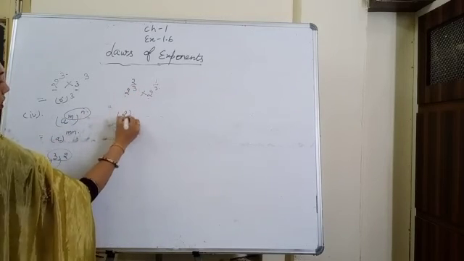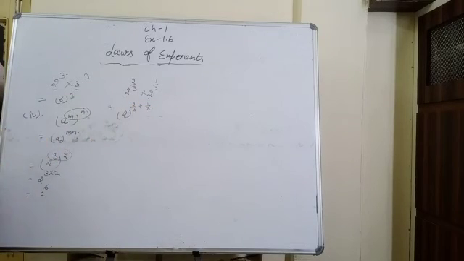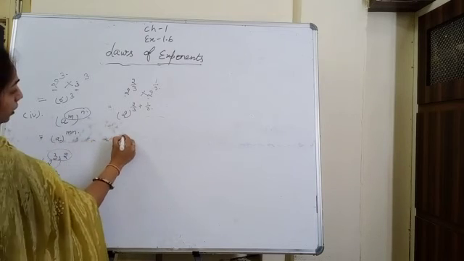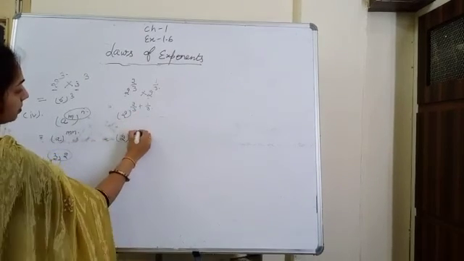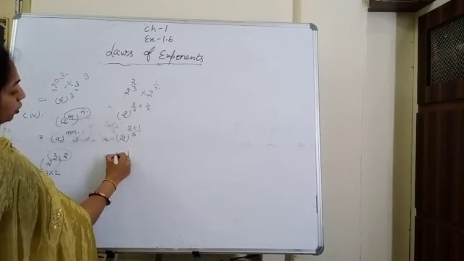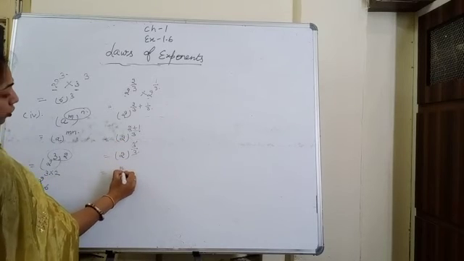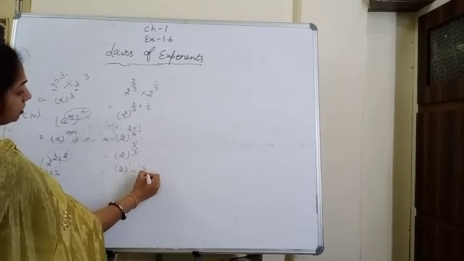It means 2 raised to power 2 by 3 plus 1 by 3. Fraction is given, so for adding we have to take LCM. 2 raised to power, now here LCM is 3, 2 plus 1, that is 2 raised to power 3 upon 3. It can be cancelled. 2 raised to power 1, answer is 2.